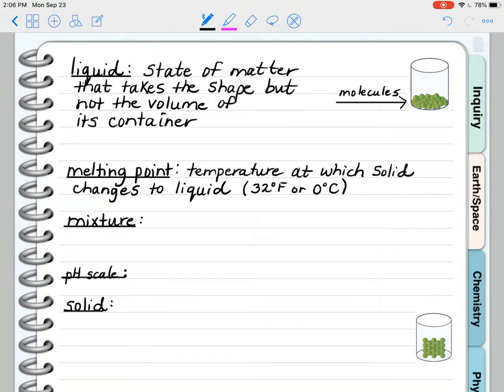Okay, a mixture is matter containing more than one pure substance.